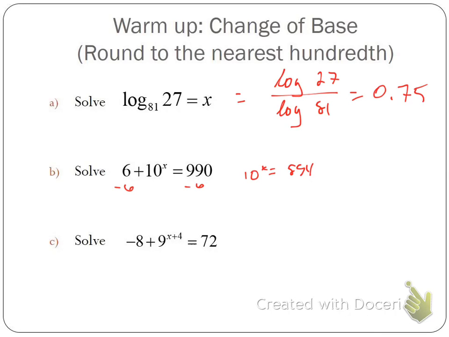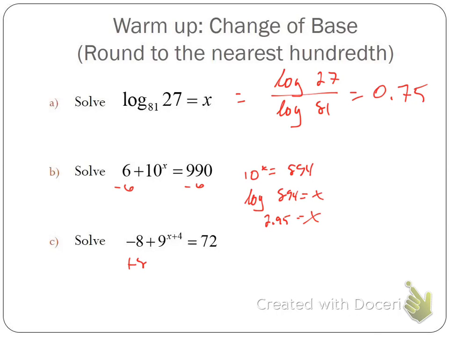Since we don't have the same exponent base on both sides, and we can't make the same exponent base on both sides, we want to switch the form and turn this from exponential form into logarithmic form, make this log base 10 of 894 equals x, and now you can use your calculator to evaluate this, which is 2.95.